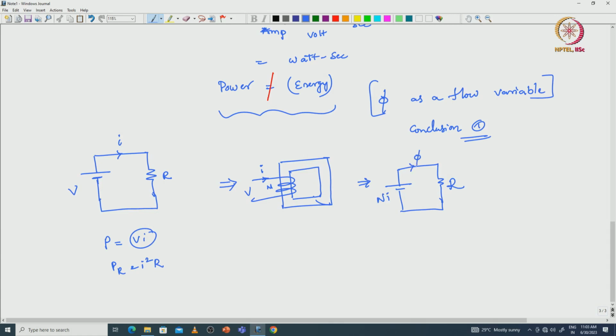In most of the literature we will see it in this fashion, where the flow variable is considered as flux.